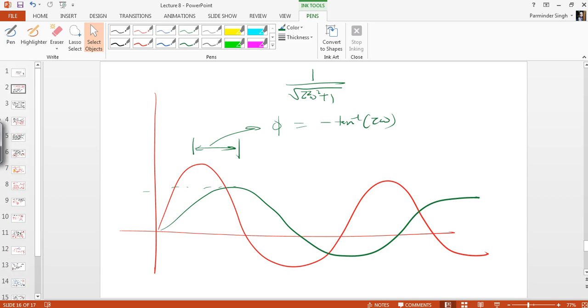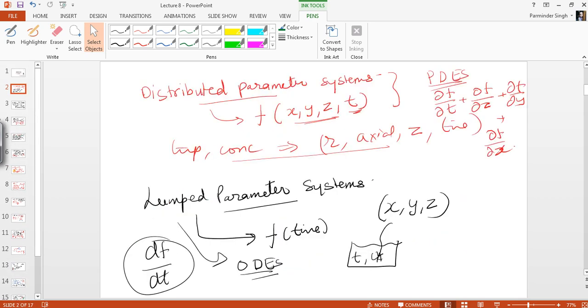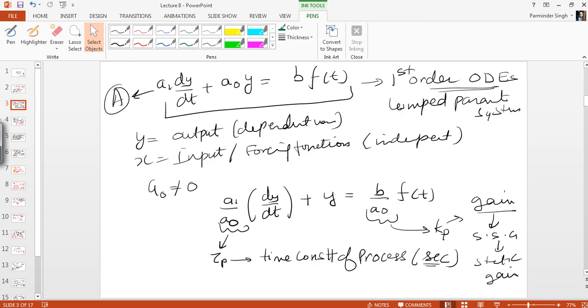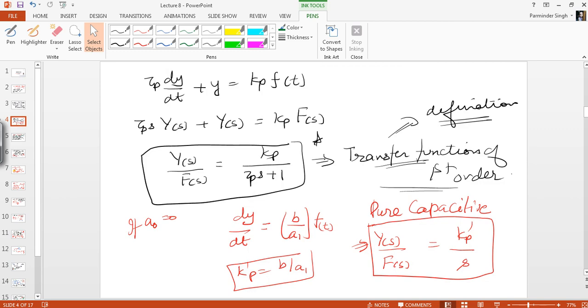Now we can clearly revise again. We studied what are distributed and lumped parameter systems. We studied the behavior of the first order systems and their transfer function represented by Kp upon tau s plus 1.